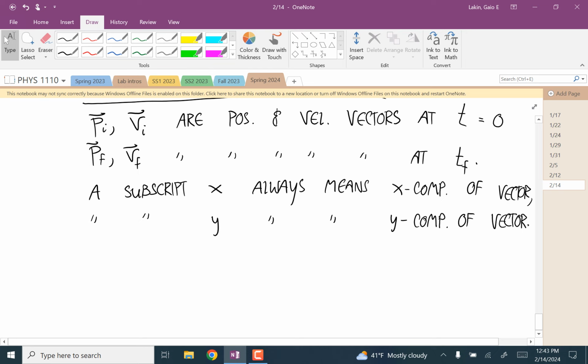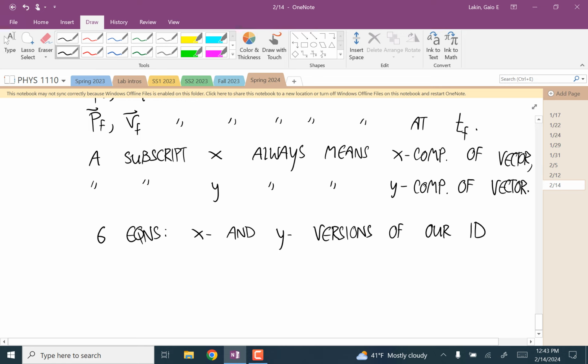And with these definitions, we have 6 constant acceleration equations. These are x and y versions of our 1D constant acceleration equations.